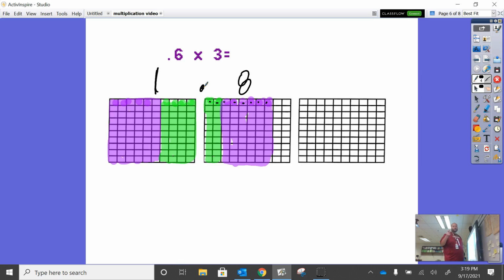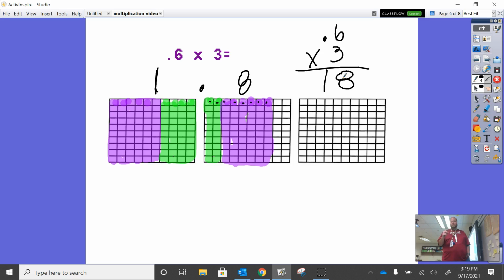All right, now I want to talk about checking this with the algorithm way. Okay, so I have 0.6 times 3. Well, we all know 6 times 3 is 18. But this is where the decimal comes in with the algorithm.